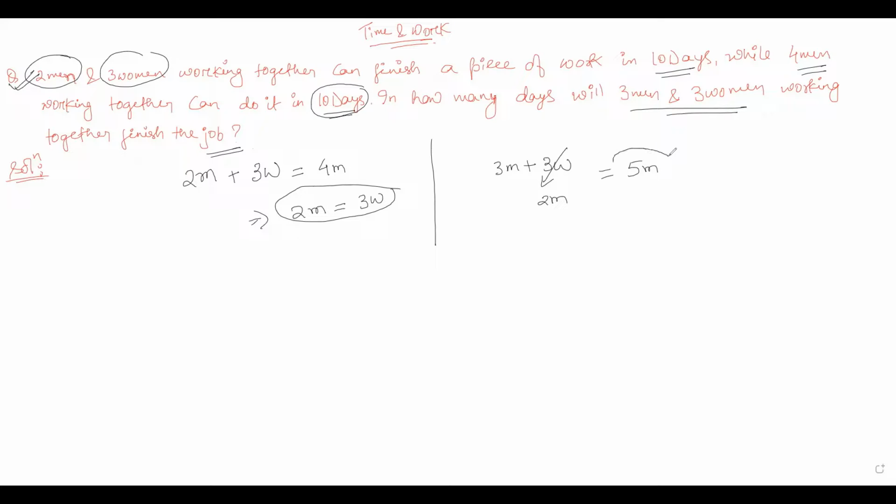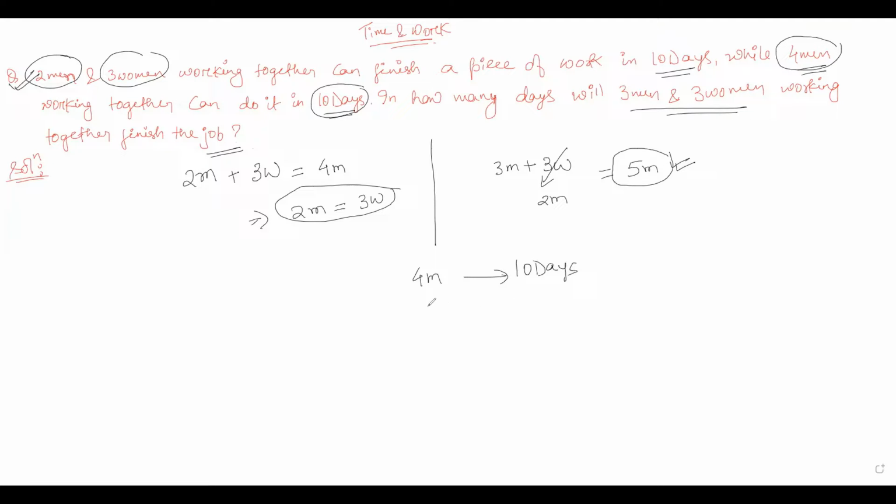So simply we need to find if the efficiency of the work done is 5M, in how many days can the work be completed. It has been given that 4 men can complete the work in 10 days. So we can say that 4 times the efficiency of men takes 10 days to complete the work.